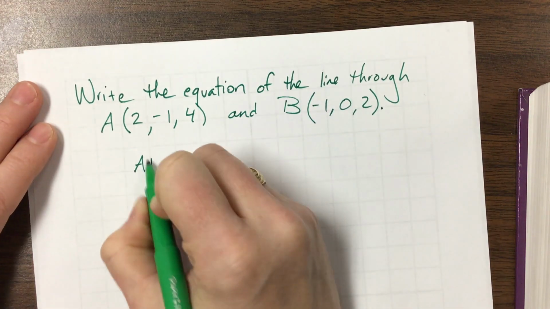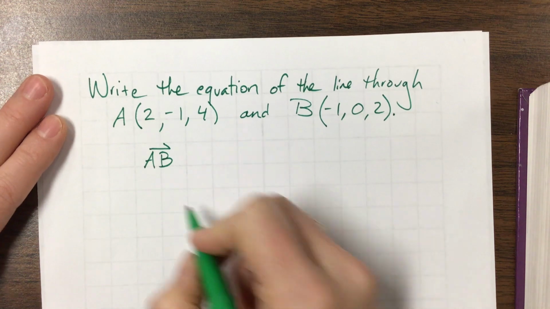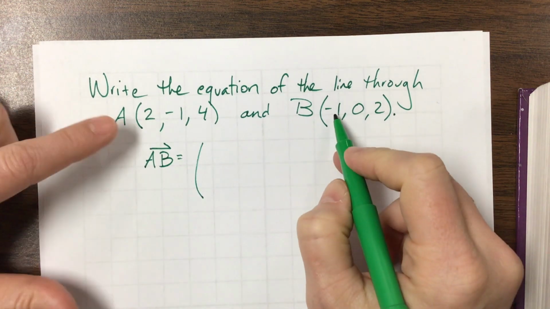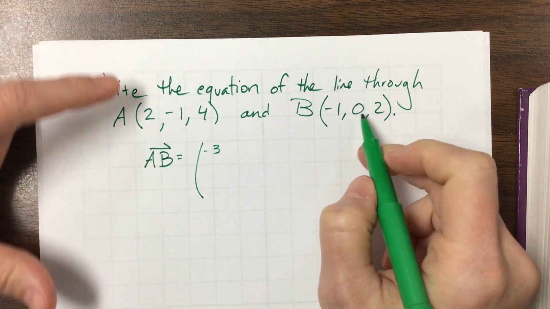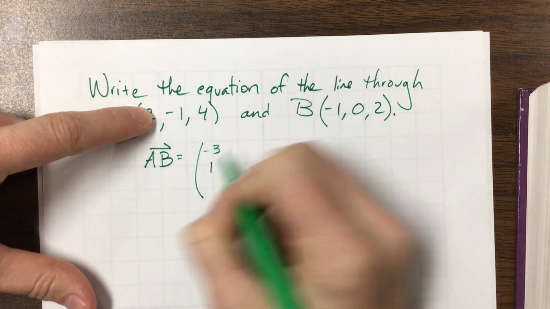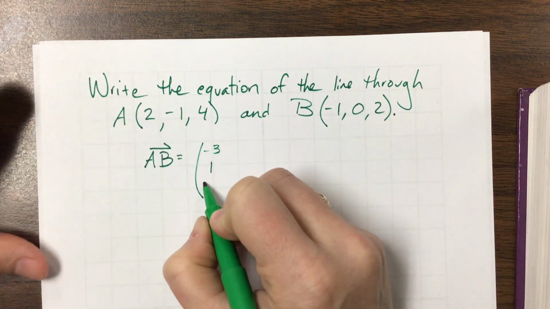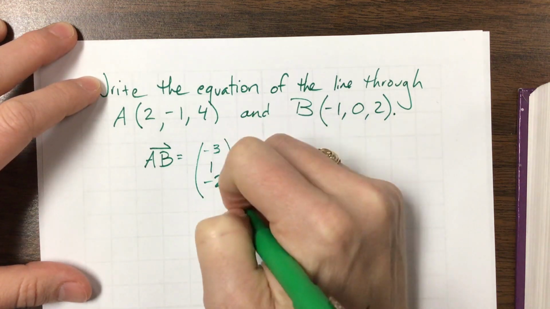Let's look at vector AB in this particular case. -1 minus 2 is -3. Here's hoping I can do my arithmetic. 0 minus -1 is a positive 1. 2 minus 4 is -2.